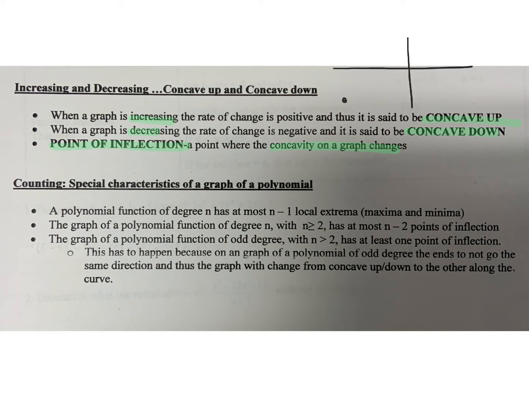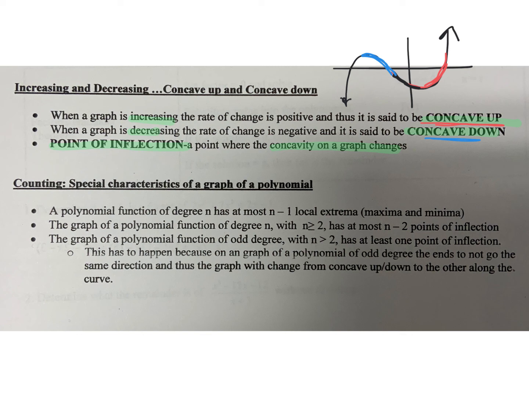If I draw a little polynomial, concave up is right here. This piece in here, I'm concave up, and in here, I'm concave down. The place where I change in between is called the point of inflection.